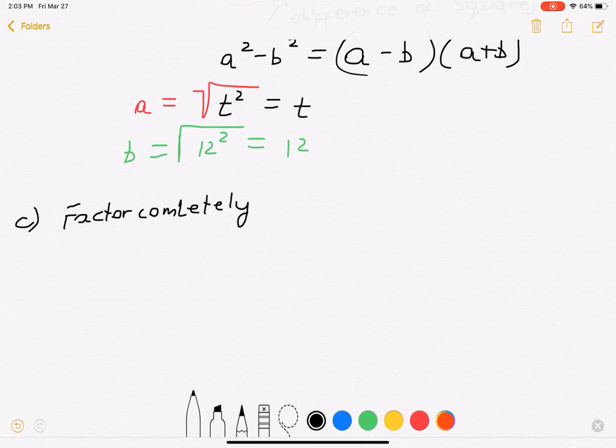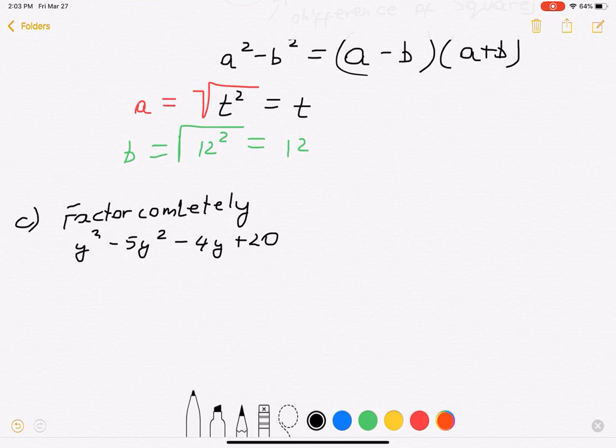We have y to the third power minus 5y squared minus 4y plus 20. Okay, so how are we going to factor?